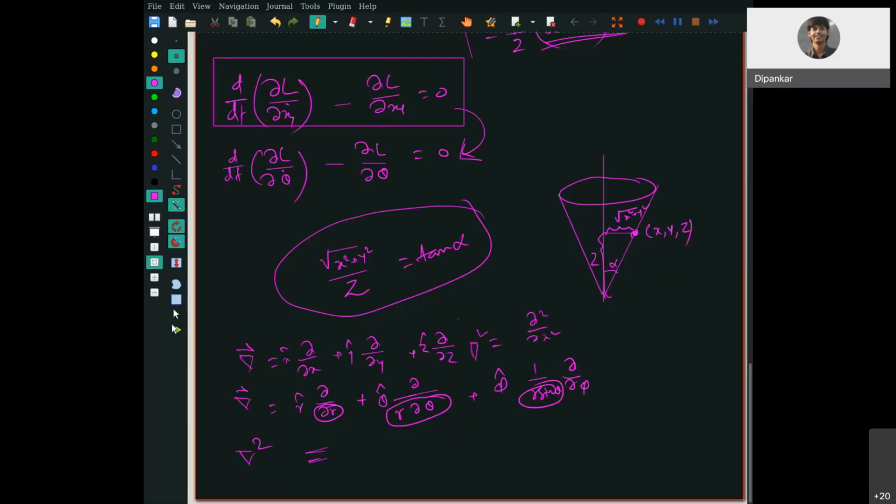Del square in Cartesian would be del 2 del x2 plus del 2 del y2 plus del 2 del z2. But that will not be given in a straightforward manner. By calculating del x, del y, del z, you will not be able to get the expression for del square for spherical polar coordinates. Do you understand what I'm trying to get at? Yes, yes, sir, I understand.